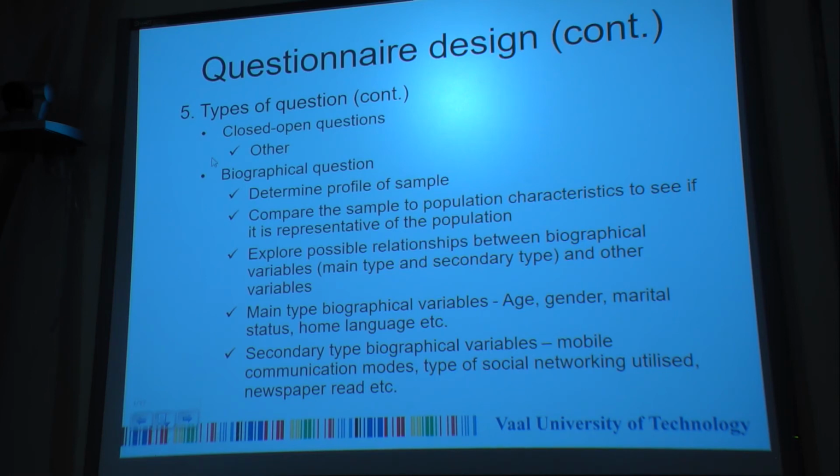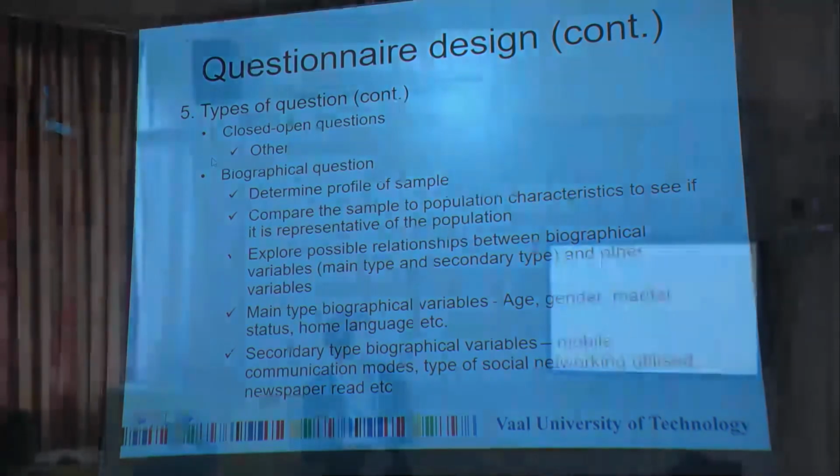So biographical information is used to profile your sample so that you can see how many males did we have, how many females, what ages are they in, what incomes do they get, and so on. Like it says: their age, gender, marital status, home language. So you can also include that in your questionnaire. It's always good to include a biographical section because it gives the profile.